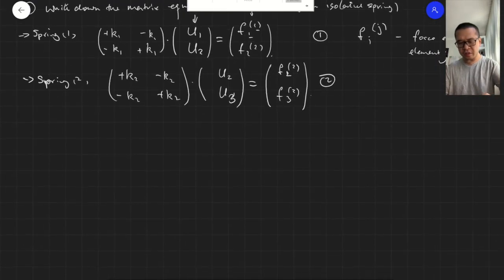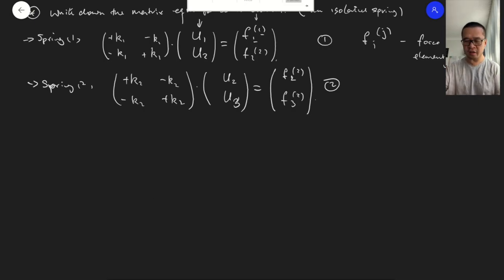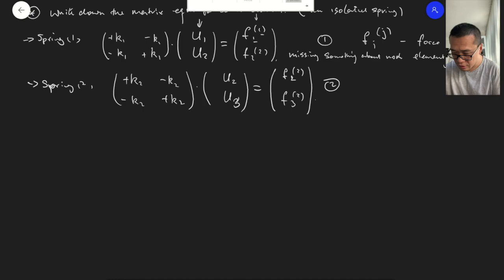So the way to do it in this simplest case is to say, okay, in equation 1, what are we missing? We are missing something about node 3, right?